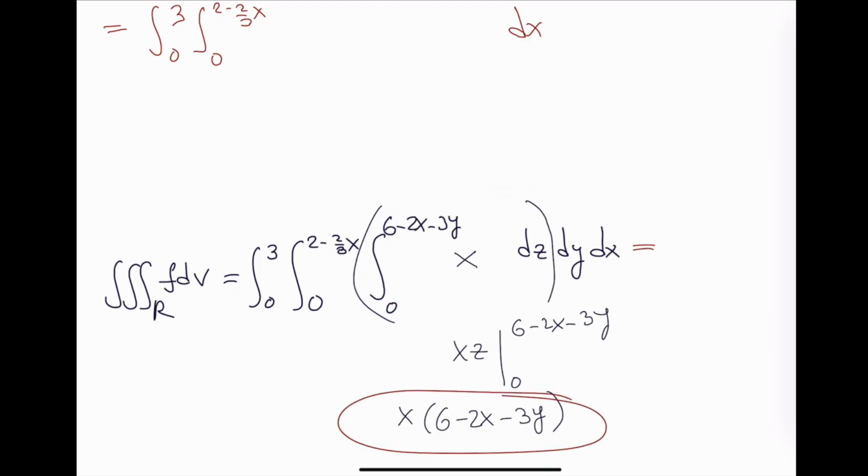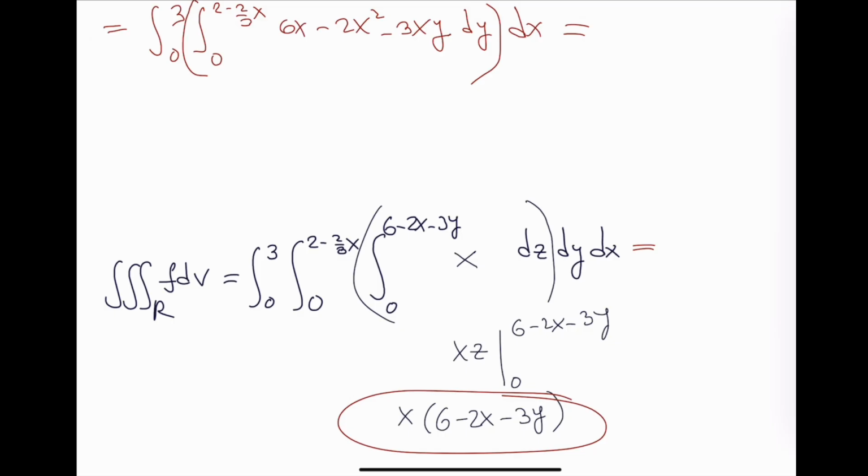And so inside is where we calculate now what integral goes. So it's going to go this one, that is actually 6x minus 2x squared minus 3xy. And this is going to be dy. So this is going to be then our next integral. So we are going to calculate the primitive of this with respect to y, right?